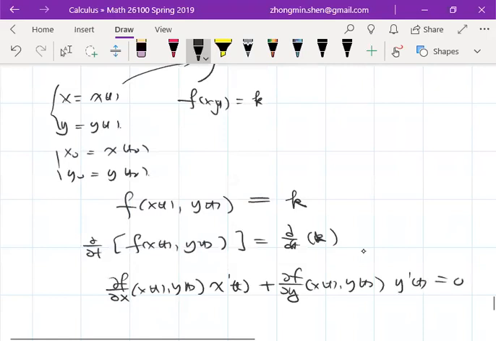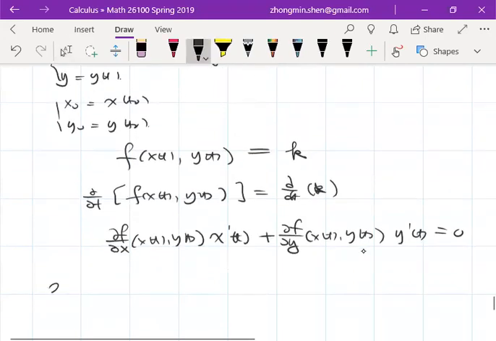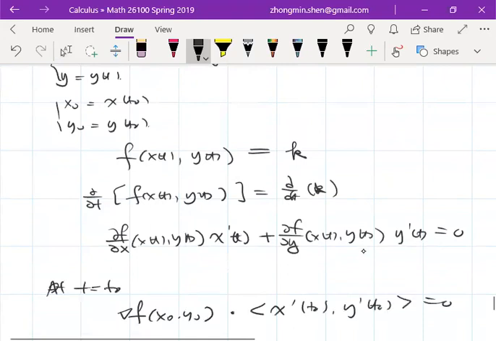All right. So when t equals t naught, what do you get? You get the inner product, okay, this should be 0.